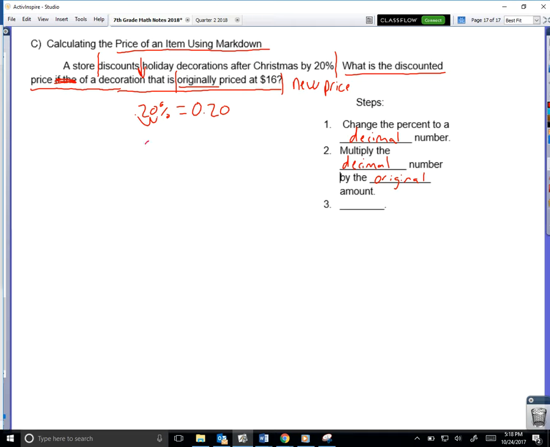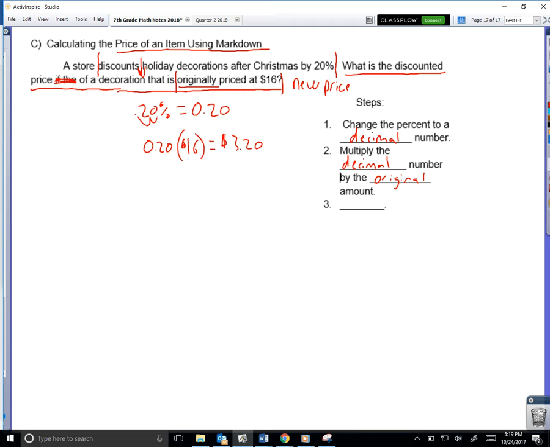So I'm going to take 0.20 and multiply that by $16. And when I do that, that is going to get me $3.20. That's the amount that it is going to be marked down, how much it's going to get marked down by.